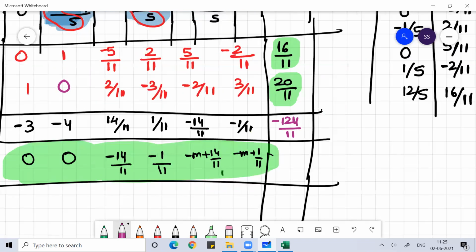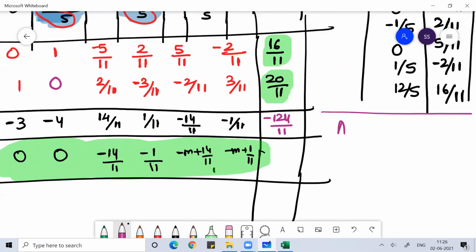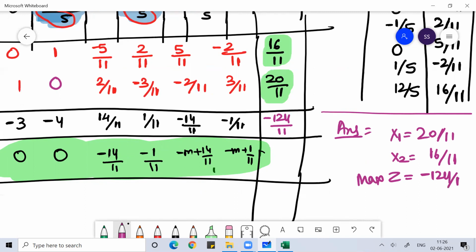So if you understand, your final answer is: x1 is equal to 20 by 11, x2 is equal to 16 by 11, and maxima of Z is equal to minus 124 by 11. But in reality, they asked the minima of Z. So minima of Z would be 124 by 11.